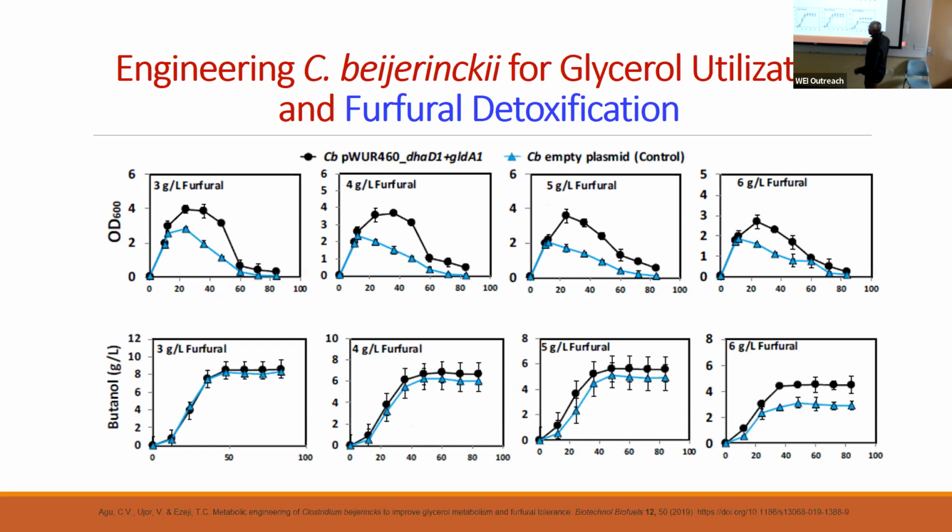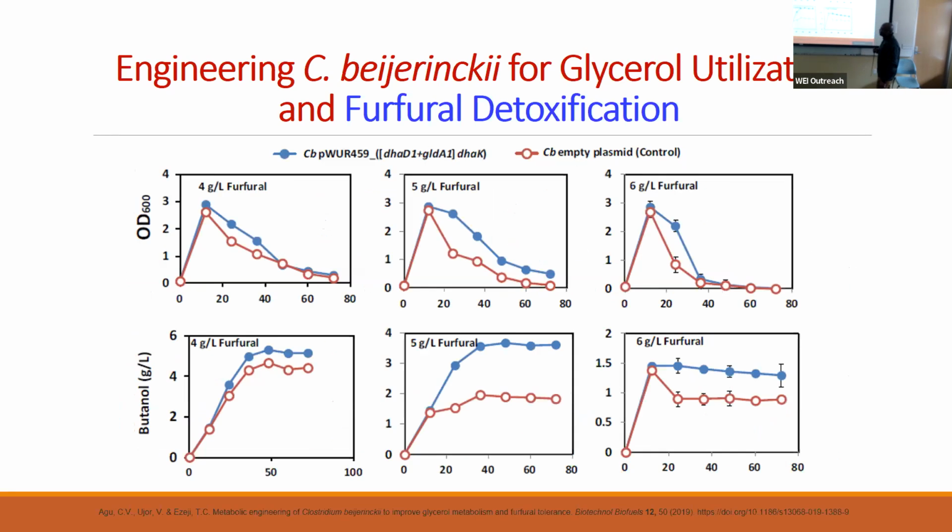Also, we saw a slight improvement in butanol production from 3 to 6 grams per liter for that particular strain. Again, not something that is worthy of commercialization, but a step in the process of looking for ways that we can enhance the capacity of this organism to grow in the presence of these inhibitory compounds that we derive from lignocellulosic materials.